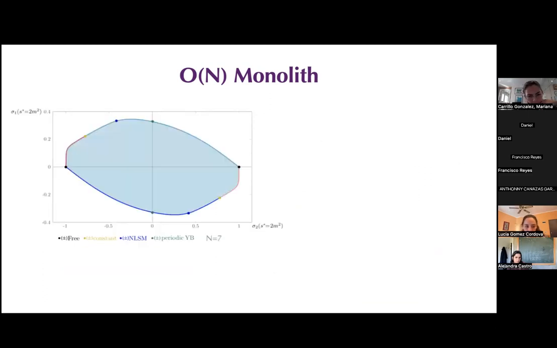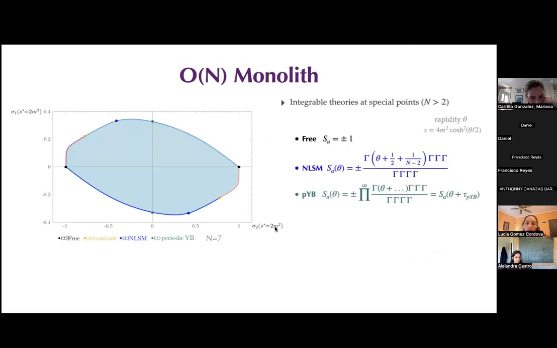So I will actually be discussing mostly this 2D subsection, where you evaluate at the crossing symmetric point, this 2m squared. And you see that there are integrable theories lying at special points of the boundary. So for instance, these black dots here are free theory, where the S matrix is just +1 for all channels for the free boson, and -1 for free fermion.